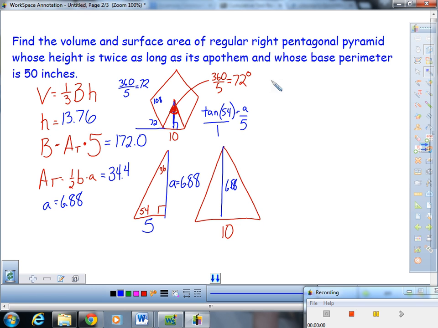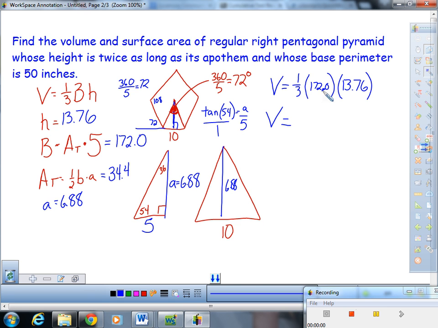And so now we can find our volume. It's 1/3 times 172 times 13.76. That's 172.0.